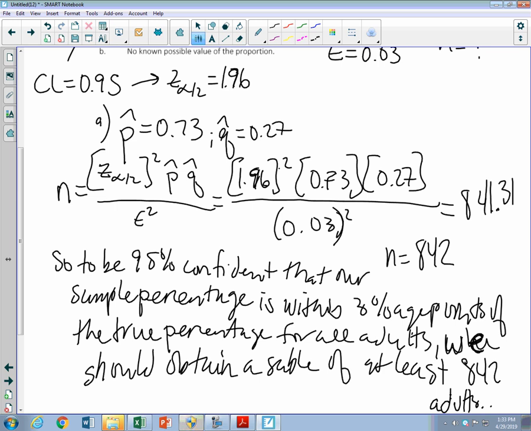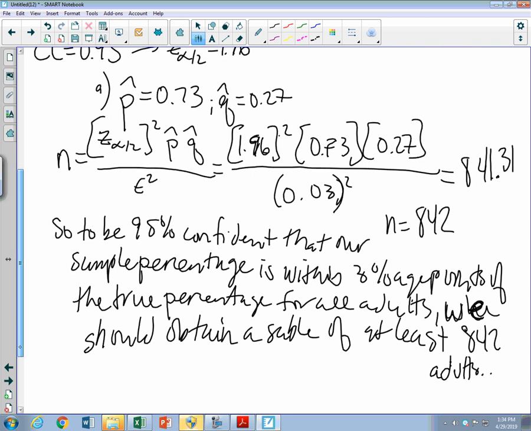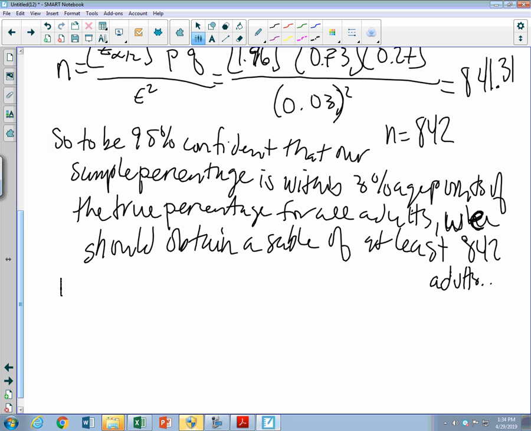And this is going to vary, though, for part B. So what if, instead of p-hat being known, the sample proportion being known, or assumed to be 0.73, it's just not known? And again, that's the case where we're going to have to estimate p-hat and q-hat. If they're unknown, remember they're just 0.5.